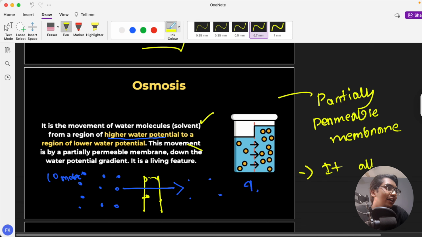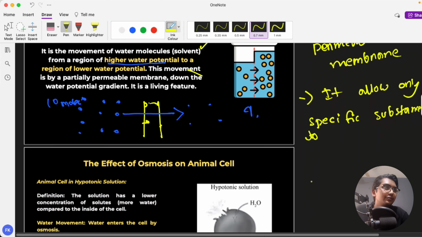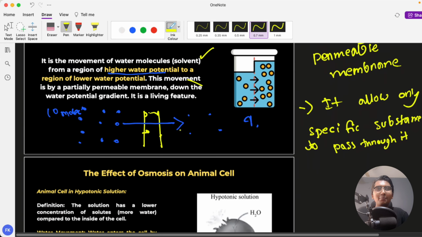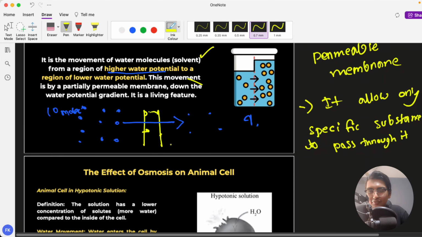It allows only specific substances to pass through it. So it is very specific. That is what a partially permeable membrane is known as.